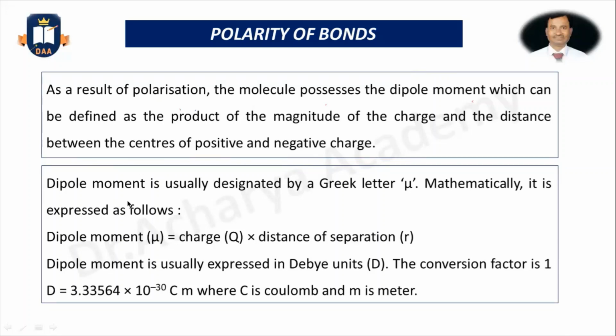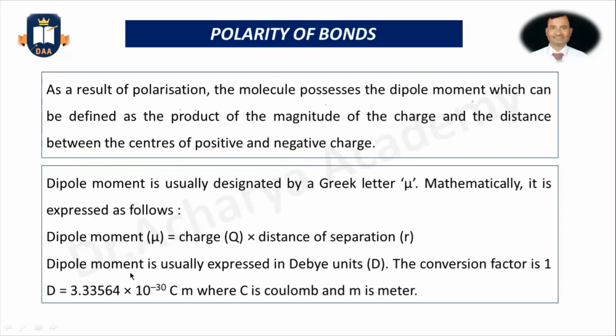This dipole moment is usually designated by the Greek letter mu, and mathematically the equation is dipole moment mu equals charge, represented by q, multiplied by distance of separation, which is represented by the small letter r.